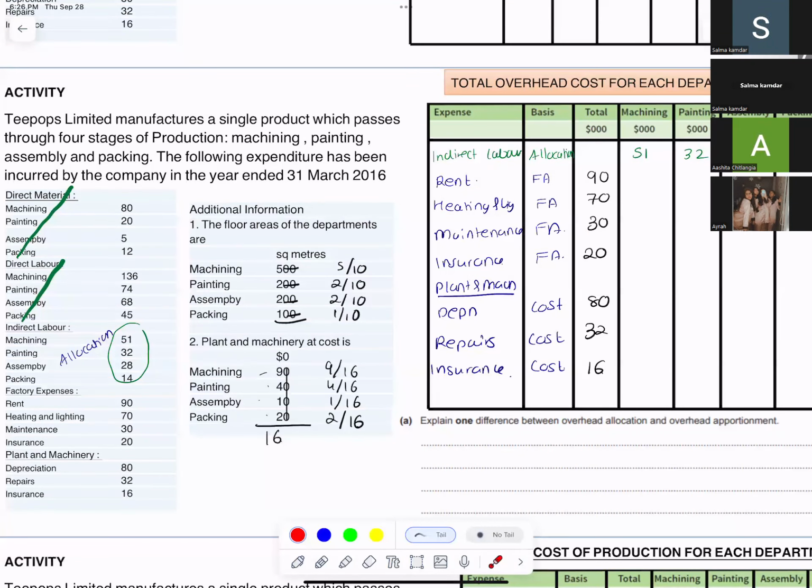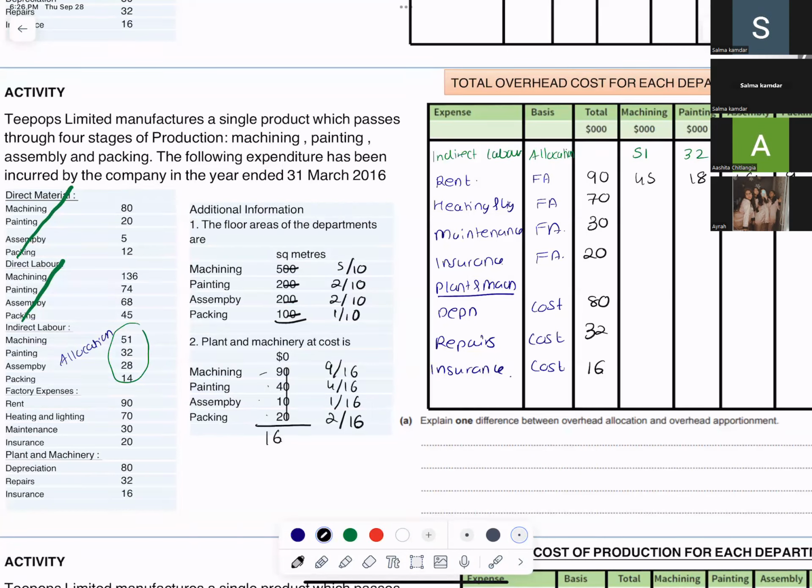Rent, how much for machining? Machining 45. Painting, 18. Assembly, 18. And packing, 9.